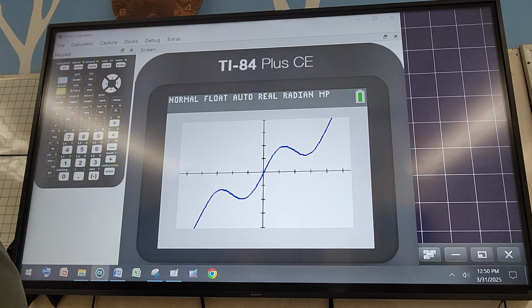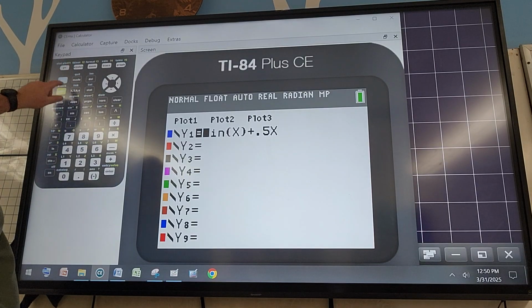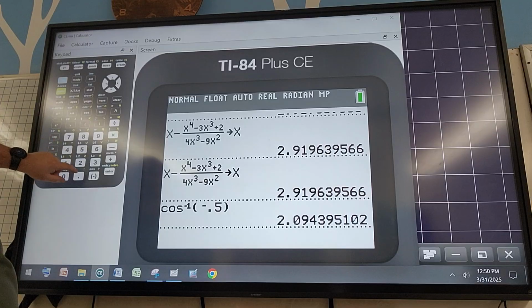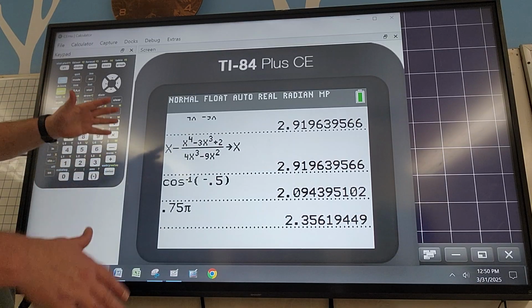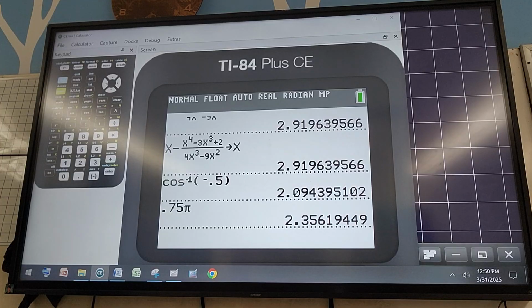Well, you said 3/4 of pi. What is 3/4 of pi? Yeah, exactly. So that's about 2.09, and you weren't very far off. 2.09 is one of your answers.